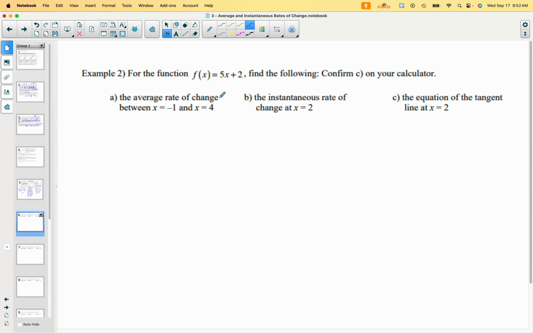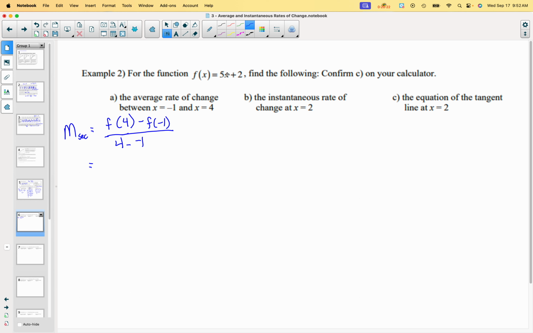Okay, for the next example, our function this time is 5x plus 2, which is a linear function. So we're going to calculate the average rate of change. So remember, that's the slope of the secant line. So I'm going to take f of 4 minus f of negative 1 and divide that by 4 minus negative 1.